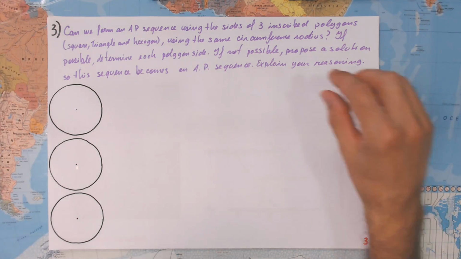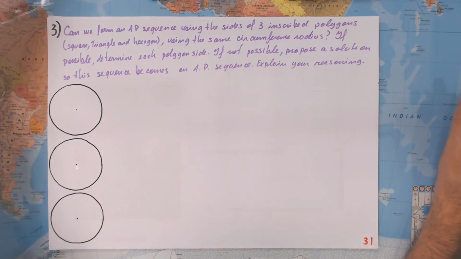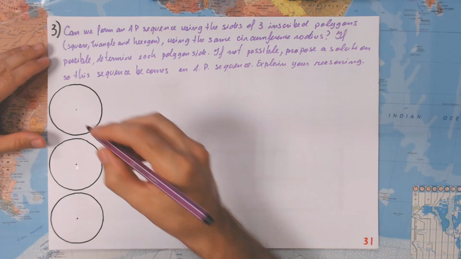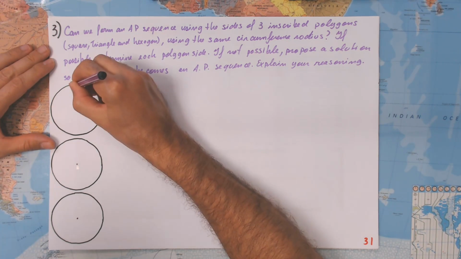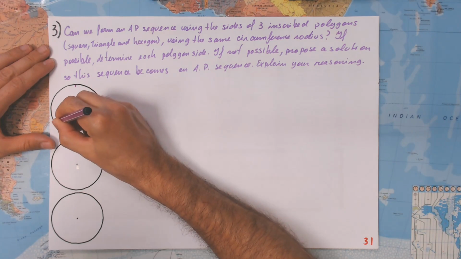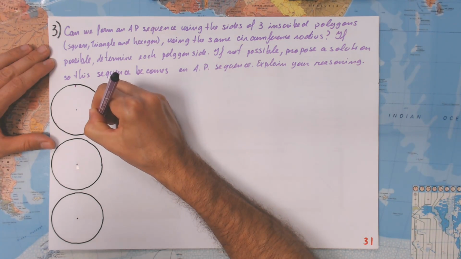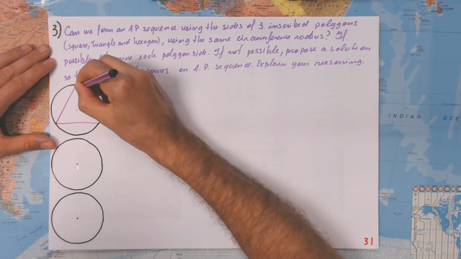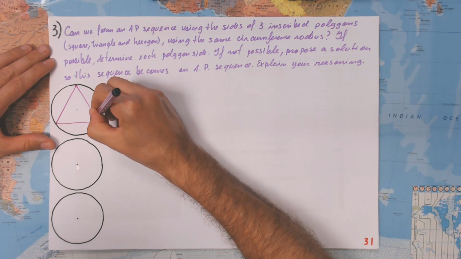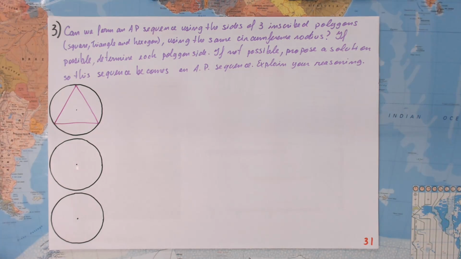Okay? So I'm going to start using the triangle as the first one. It's going to be like this. I have to divide in 3, right? It's going to be something like this. Okay? This is going to be our triangle.